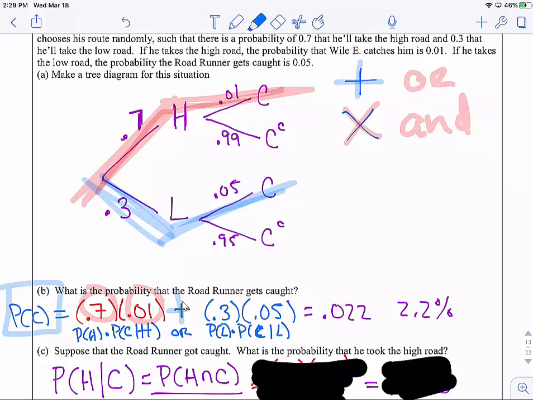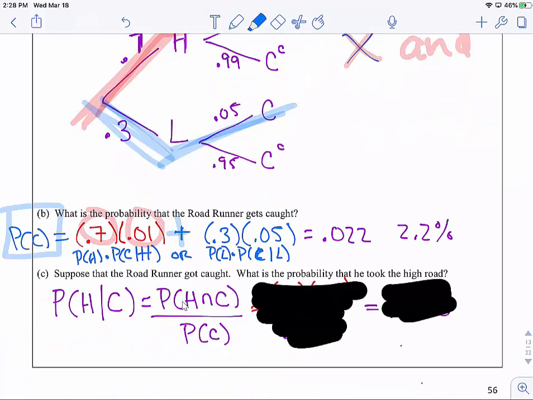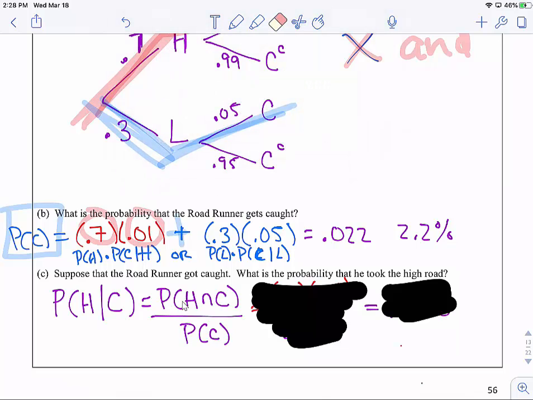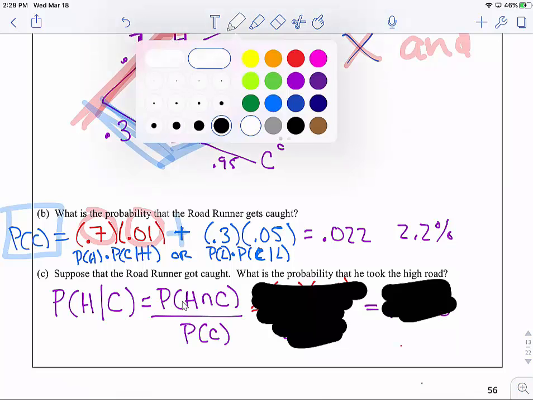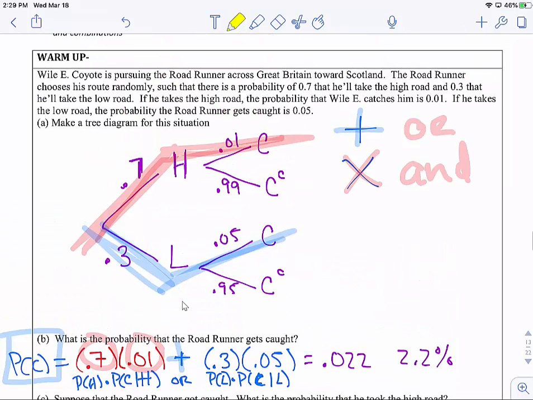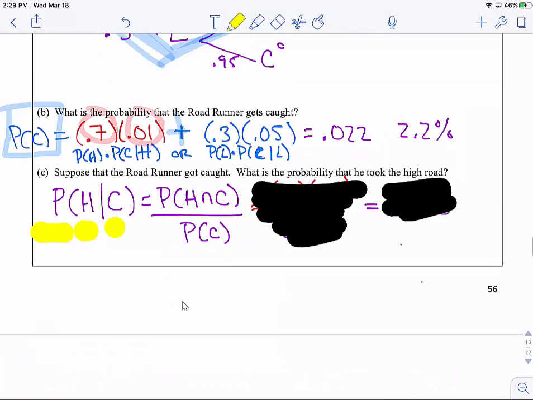Now we're going to put it together with a conditional probability, or probability that took the high road, given that he got caught. So we're going to use our conditional probability formula, which is right here, the probability of high road given caught. You would never want to do caught given high road because we already know that answer. Caught given high road would be 0.01.